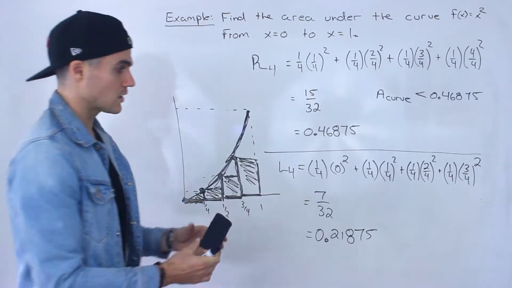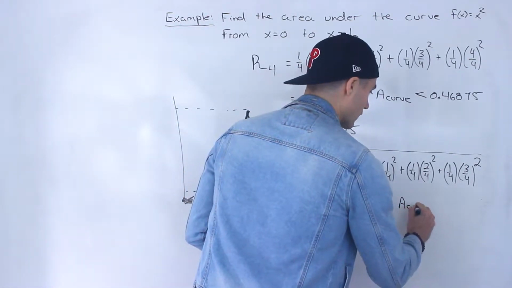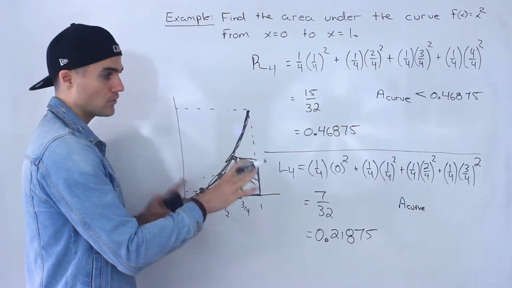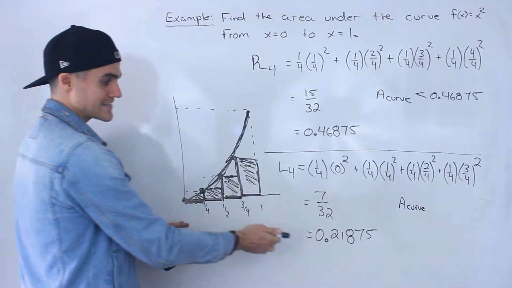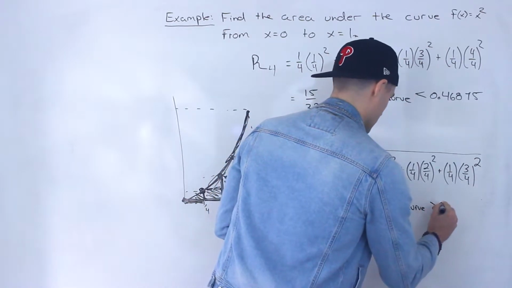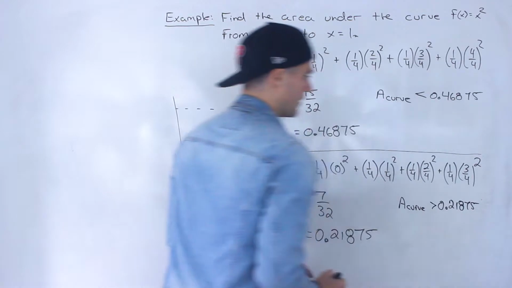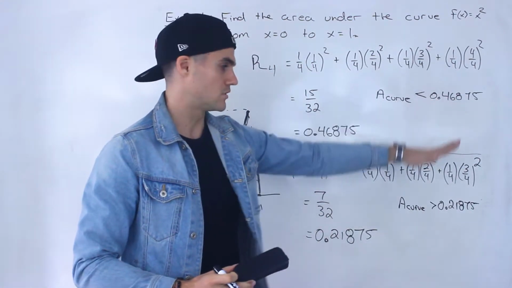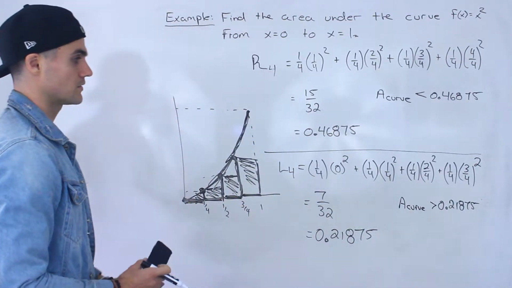And so from here, what we know is that the actual area under the curve, which we don't know yet, is definitely going to be greater than this value here. So it's less than this value, but it's greater than this value here.